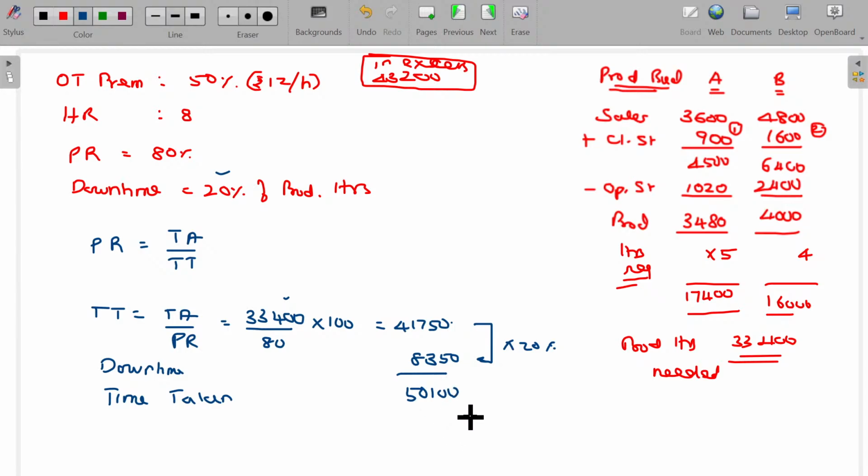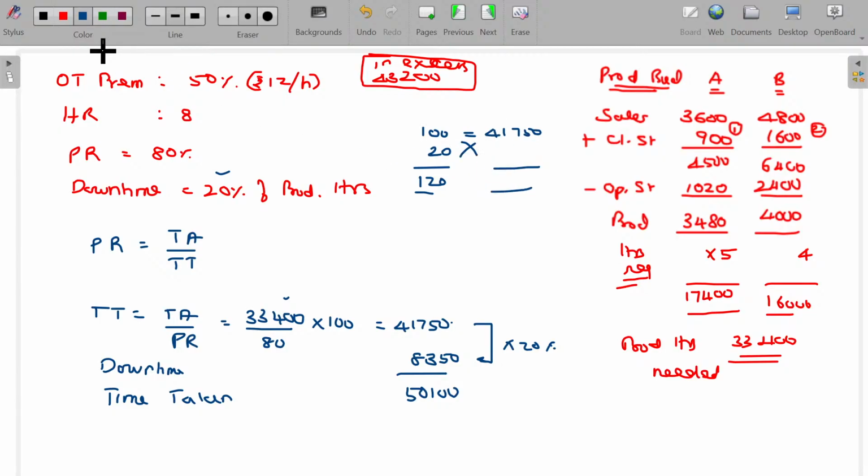Is that okay? Time taken. I told you this way, right? See, 100, 20 is added, 120. This is one approach. As per this approach, this being 41,750, you do the cross multiplication.